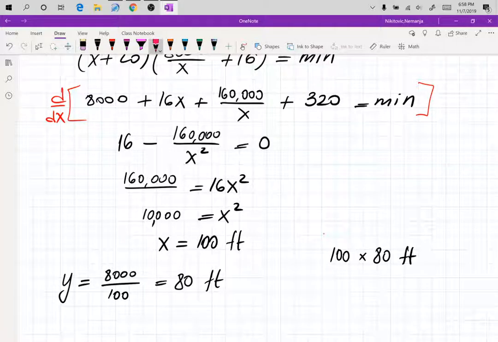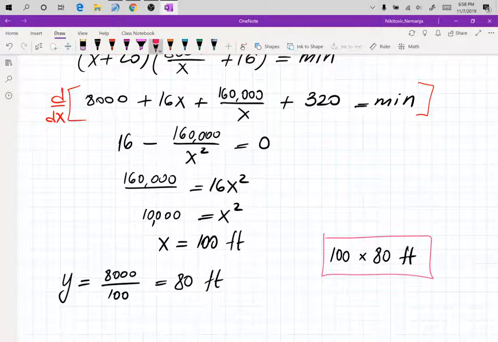And that will guarantee the minimum surface area of the entire pool, because we are minimizing the area, and then the pool in the middle is the fixed size of 8,000 square feet. And there you have the dimensions, right? So now you go and you build this thing.